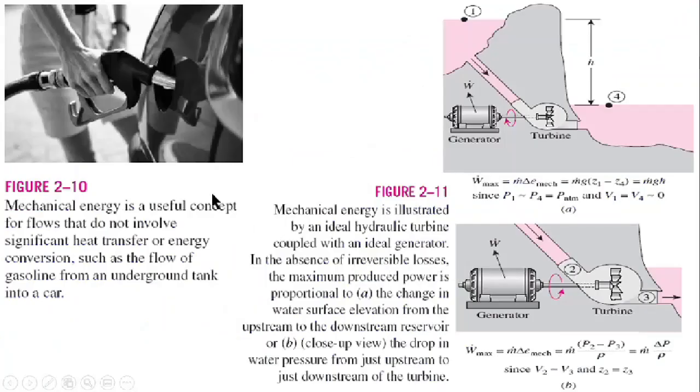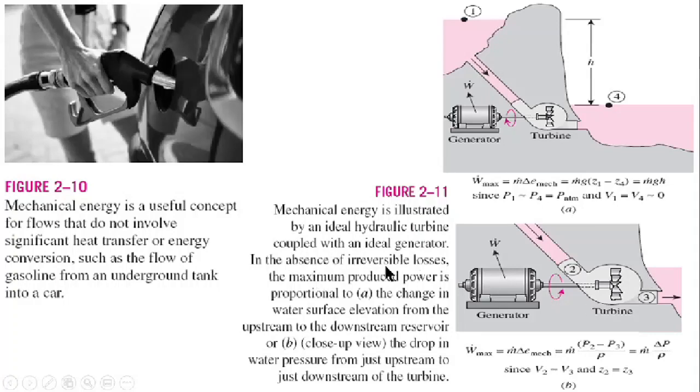Alright, some applications of mechanical energy. Mechanical energy is a useful concept for flows that do not involve significant heat transfer or energy conversion, such as the flow of gasoline from an underground tank into a car. Mechanical energy is illustrated by an ideal hydraulic turbine coupled with an ideal generator.